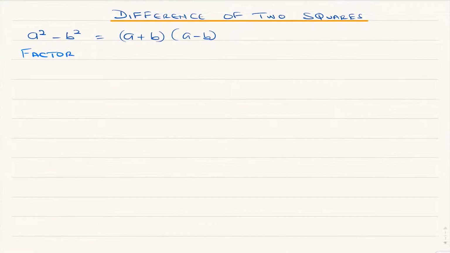Factorize. 1. x squared minus 4. Well, 4 is 2 times 2, and that gives us 2 squared.